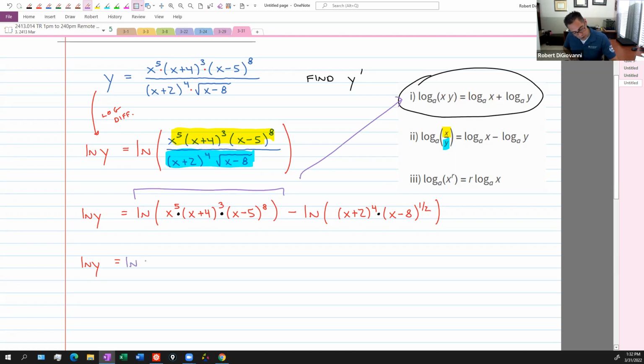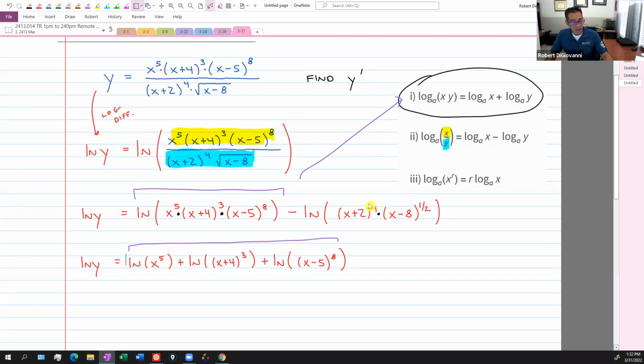So I have natural log of x to the 5th plus natural log of x plus 4 to the 3rd plus natural log of x minus 5 to the 8th. Okay, that is what the purple one has turned into. 3 logs separated by addition.